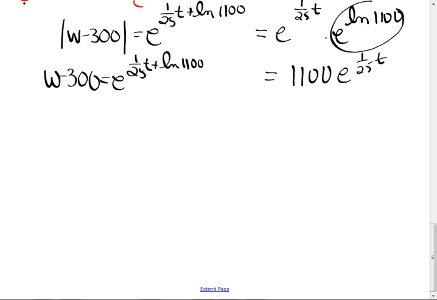And so if I solve for w, it's 300 plus that. Let me finish writing this. All I did was get rid of the absolute value and add 300 to both sides.